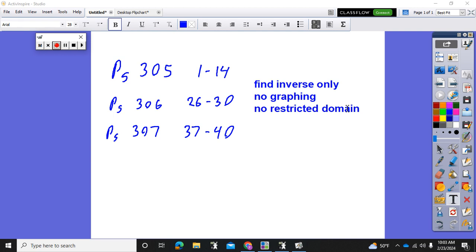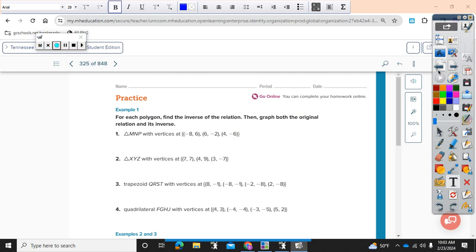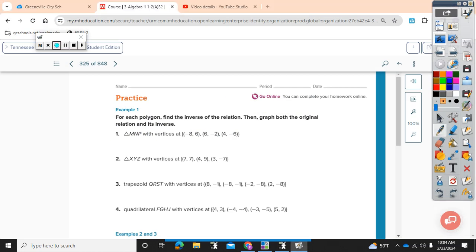Alright, we're going to start working on page 305. I'm going to jump straight to the homework, show you how to do it, try to make this as painless as possible. Alright, so simply put, to find the inverse of a relation, all we do is switch the ordered pair.